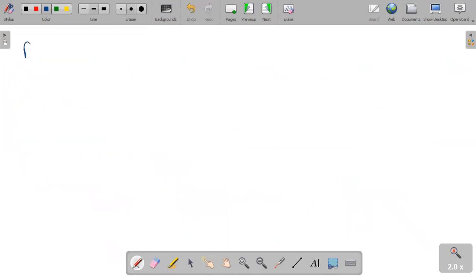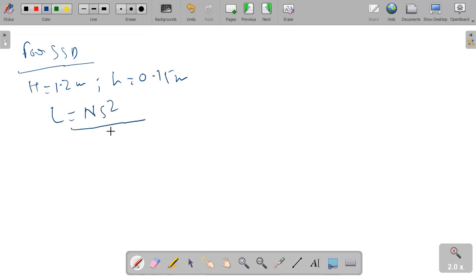So for SSD, if H is equal to 1.2 meter and small h is equal to 0.15 meter, then we'll get L is equal to nS square upon 4.4 meter.